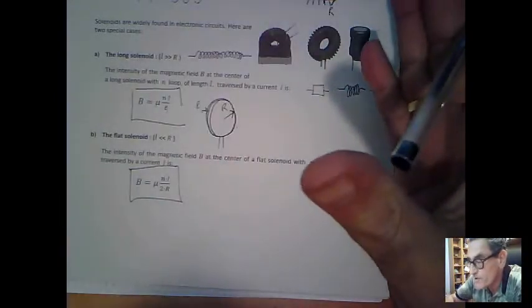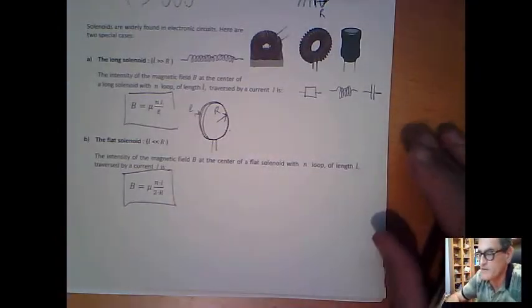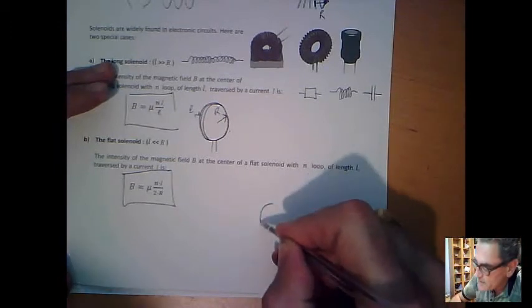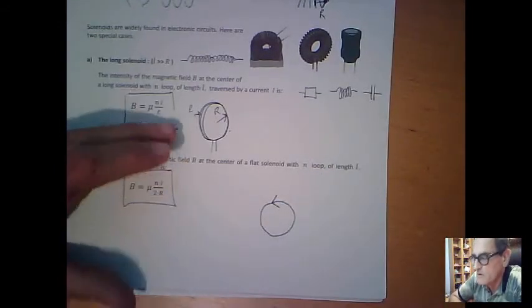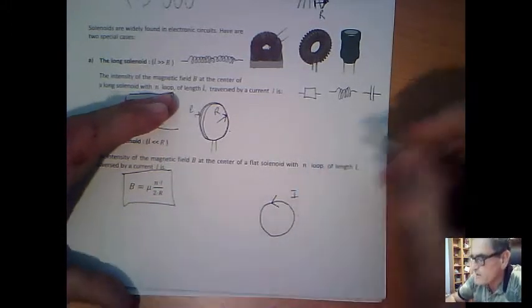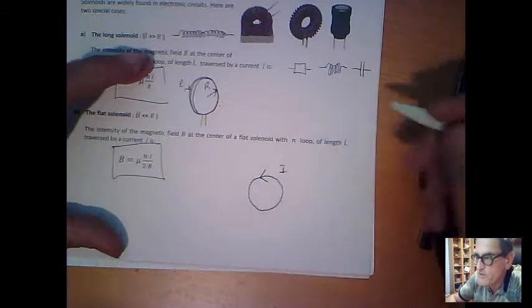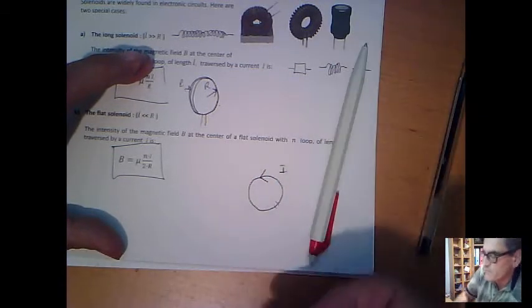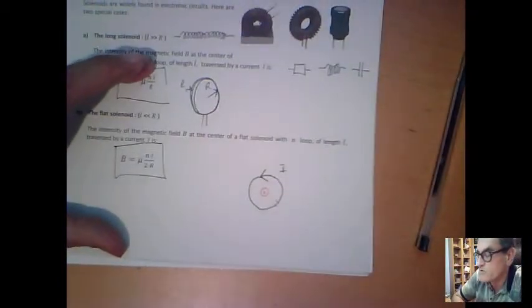This was just to show you an example. I'm not going to do anything very special with this. But what you should remember from that is that if you have a current which is running on a loop, let's say we have a current here, you can decompose this current into elements, and each element is going to give you, in this case, a magnetic field which comes up.